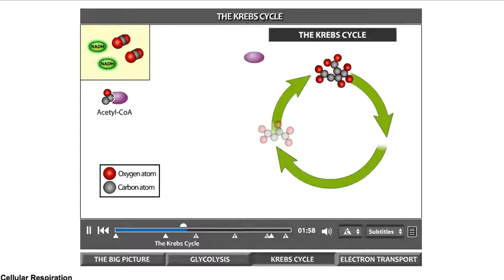This six-carbon molecule is rearranged by the removal and then the addition of water. Another important outcome of the Krebs cycle occurs next, when the molecule is stripped of two molecules of carbon dioxide, which are exhaled. At the same time, high-energy electrons and protons are donated to molecules of NAD+, creating NADH molecules.